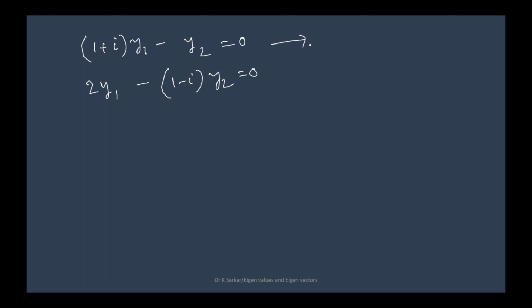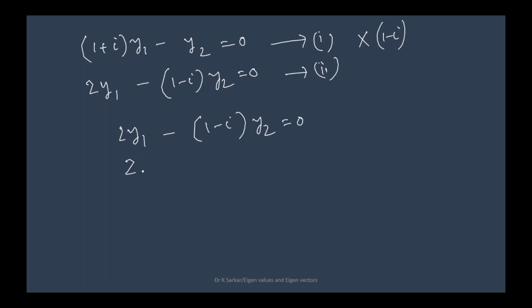Now let us take this equation as 1, this one as 2. Then let us multiply by (1 minus i). Then we will have 2y1 minus (1 minus i) y2 equals 0 and 2y1 minus (1 minus i) y2 equals 0. So two equations are similar.